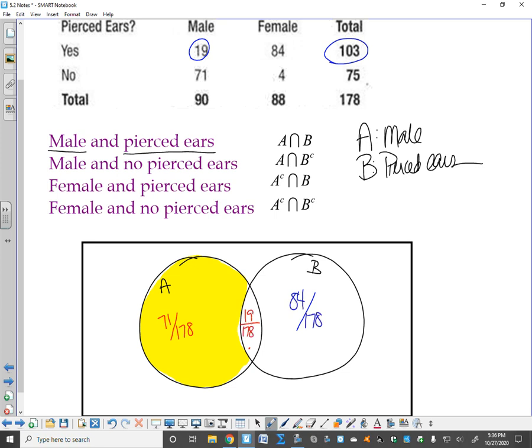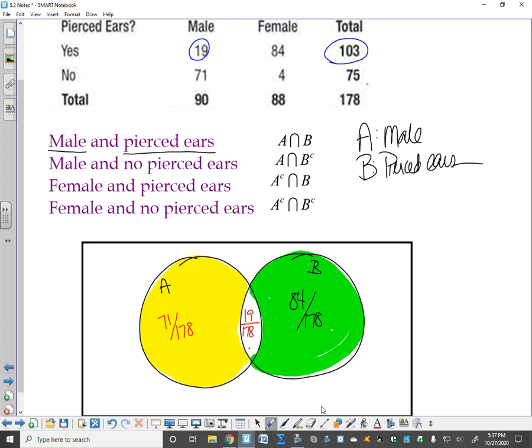So guys, the 84 over 178 represents my females that are pierced. My yellow, let's color that. He's going to be green. Green for the girls. And again, this is not the girl bubble per se. B is the pierced bubble. The green part of the bubble are the girls that have pierced ears.